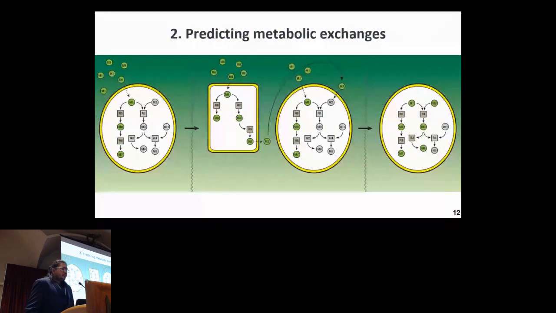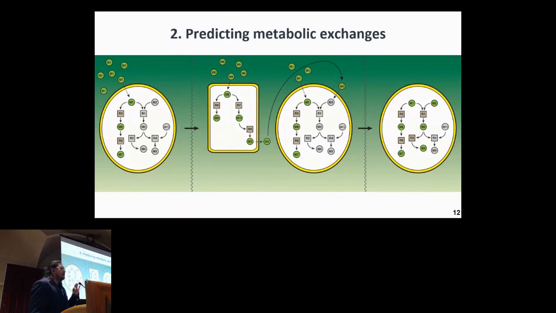So okay, what does this tell us? When we looked at individual metabolic networks versus community metabolic networks, we see that inactive reactions are much fewer when the microbes are in community. That is because of the metabolic exchanges happening between microbes in the community.